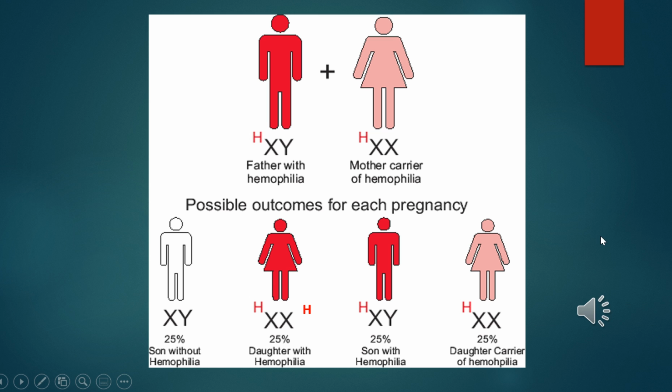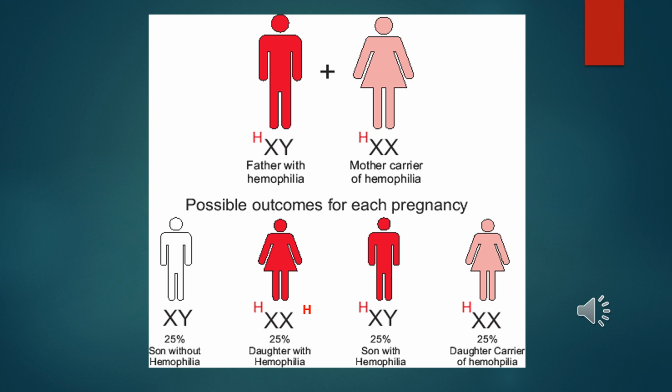Now this is the third example of the same case, hemophilia. In this we have taken a hemophilic man and the woman is a carrier. So what happens? The woman is a carrier, so the ovaries are of two types. One is normal X and one is XH, and the hemophilic man is XH and Y. So what are the outcomes?